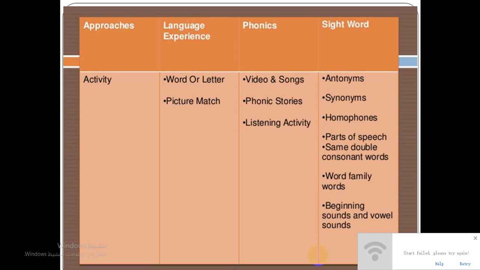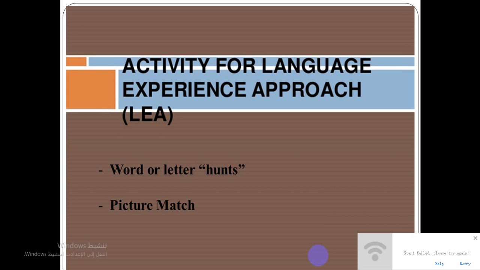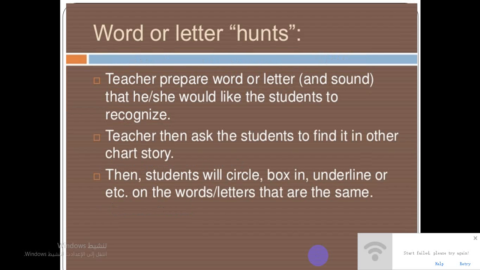The activities of language experience are word or letter hunt, picture match, phonics video, phonic stories, listening activity, and for sight words, antonyms, synonyms, homophones, etc. In the word or letter hunt activity, the teacher prepares a word or letter and sound that they would like the students to recognize.